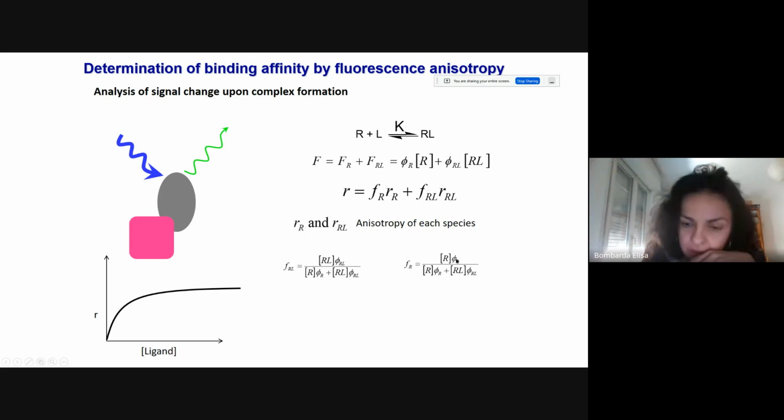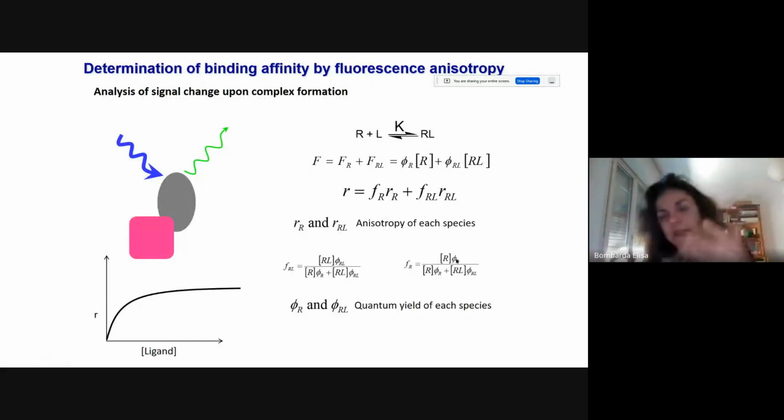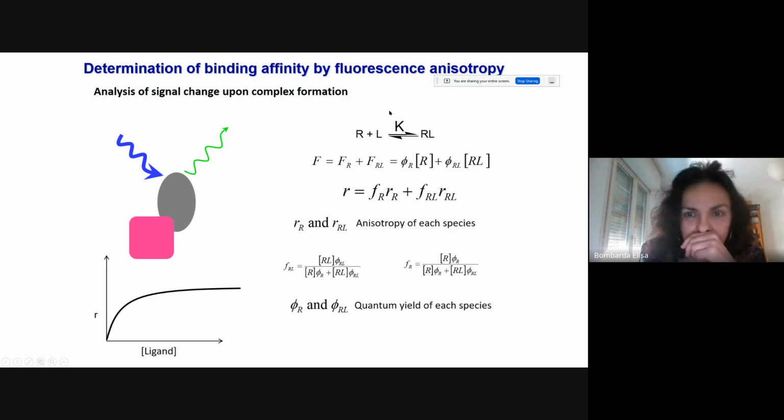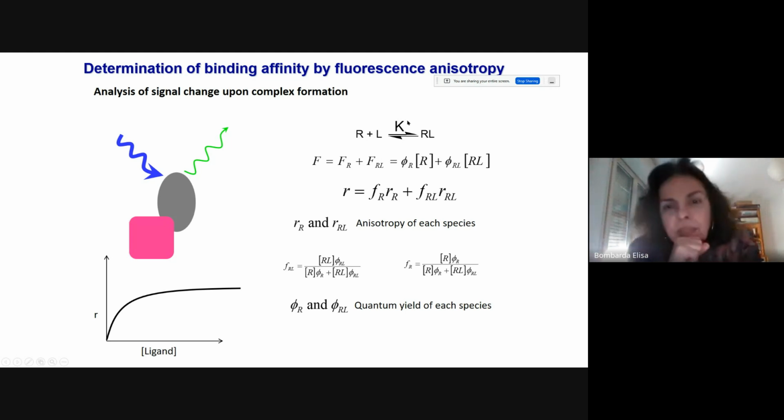Okay, and so I can exploit this signal, and I get information on the equilibrium rate constant. Okay, so that is an overview of some fluorescence in the steady state.